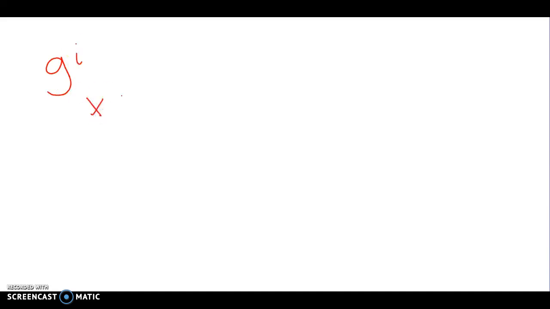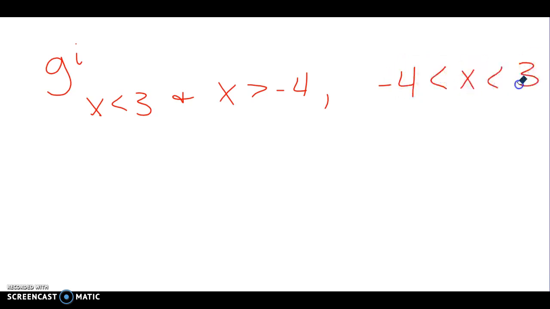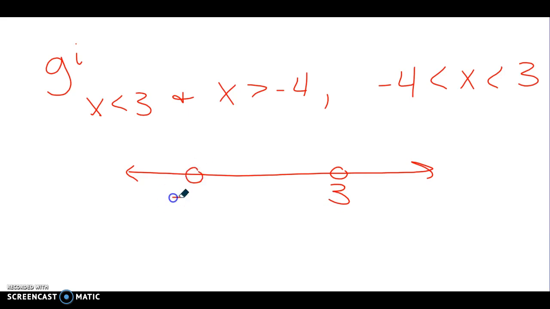Okay, let's do G1 together. So if x is less than 3 and x is greater than negative 4, that can be written as negative 4 is less than x is less than 3. I always suggest putting this on a number line and looking at it. So here's 3. X is greater than negative 4. Where's the shaded area that they're talking about?